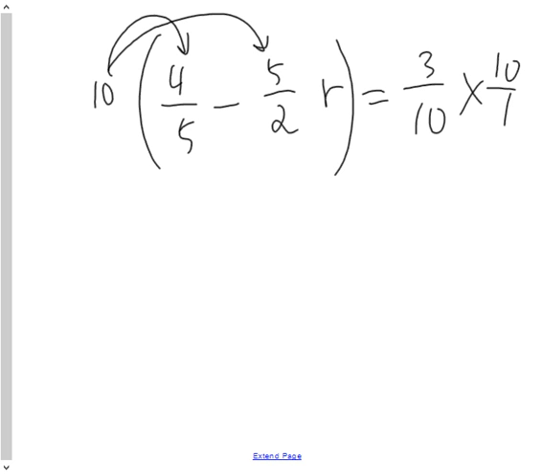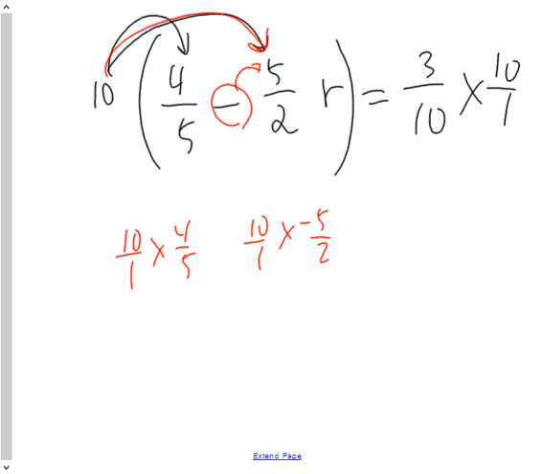So what I'm going to do now is rewrite this as 10/1, or 10, multiplied by the 4/5. That's the first one. And then 10/1 multiplied by negative 5/2. And I'm going to just keep this negative sign with the actual term itself, negative 5/2R, or negative 5R/2, I suppose is a better way to even think of it, still putting that variable in the numerator, like I said before, is equal to, and then I can really just keep that as is because I'm going to cross-reduce that anyway and get 3.